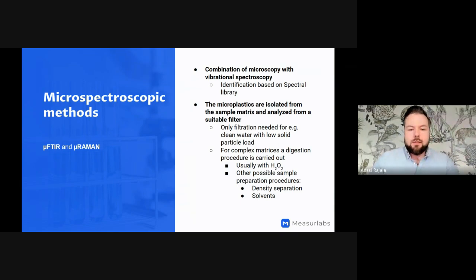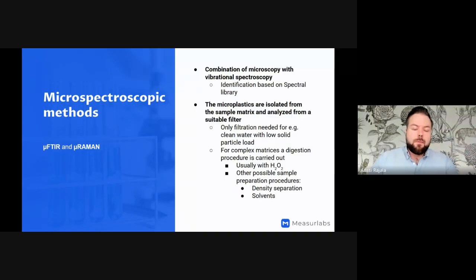So Raman is a method where a laser hits the sample and most of it passes through, but a smaller fraction is scattered at different wavelengths, and this scattered light, called Raman scattering, is then analyzed.